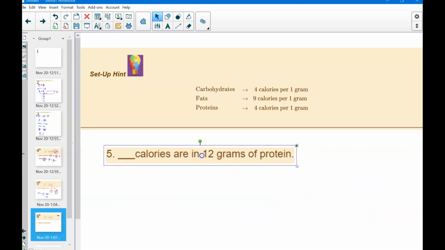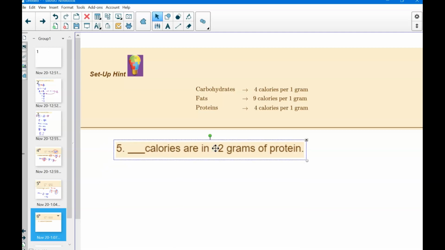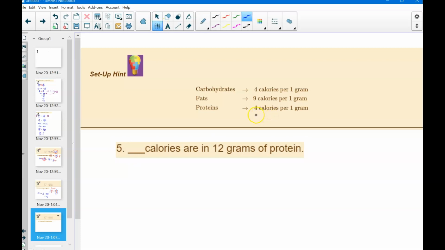So this one's different. This time I'm looking for the answer in calories, not in grams. Again, we're talking about protein here. So we have calories in grams for protein.